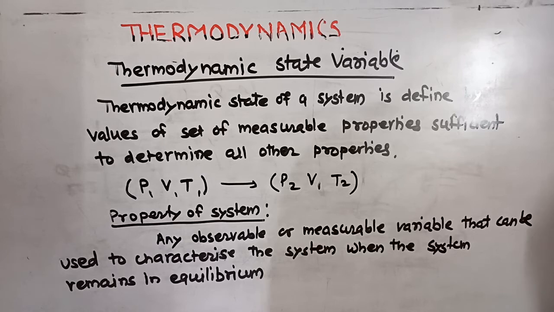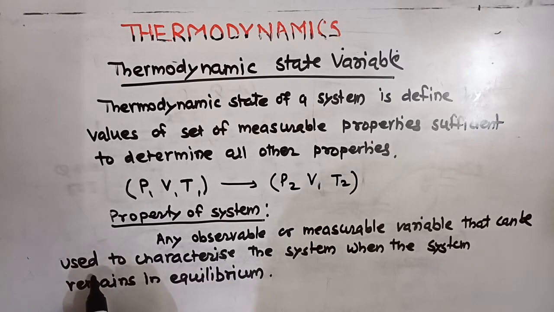That is known as equilibrium. In this condition, the system variables remain constant. There is no tendency to change these variables. The pressure, volume, temperature remain constant. So this is in equilibrium.